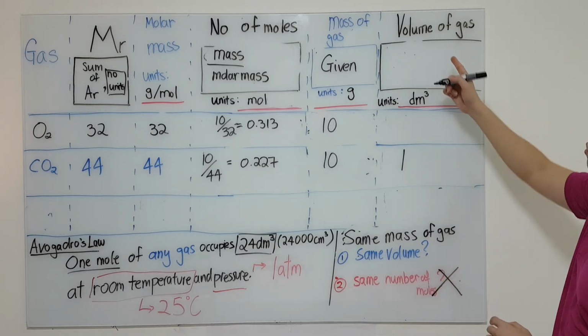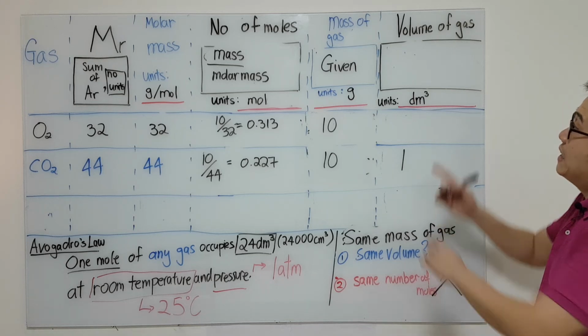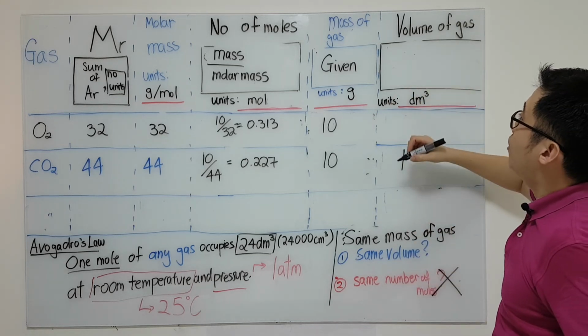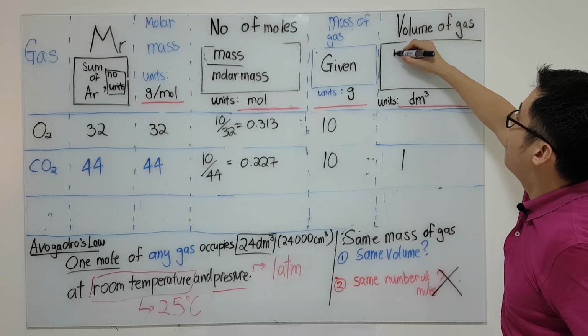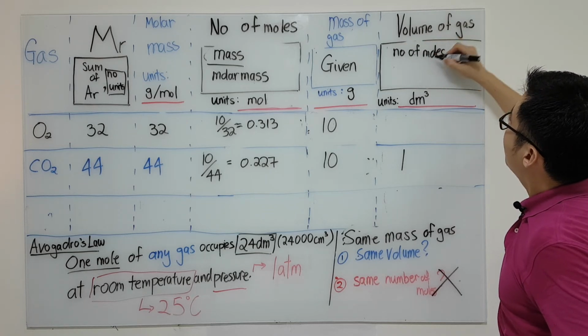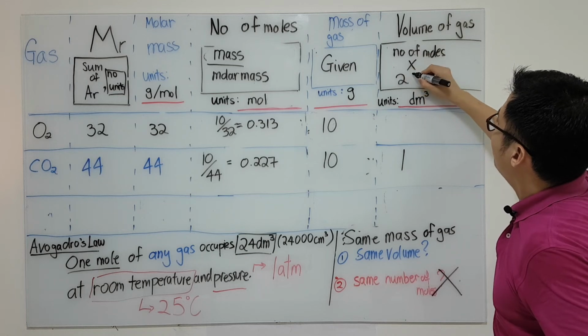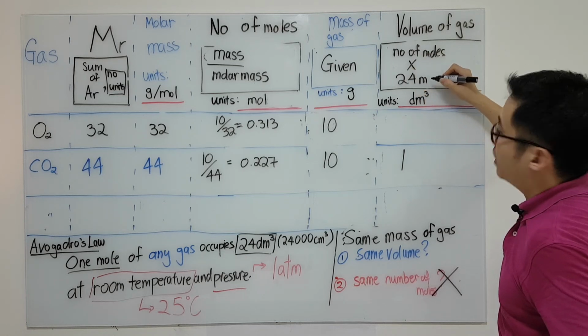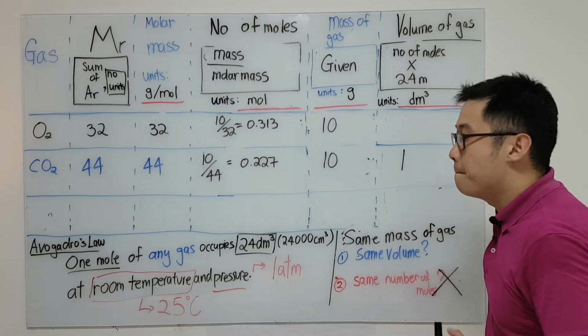Will we have the same volume of gas? Remember, the volume of gas is found by taking the number of moles and multiplying it by 24 dm cubed per mole.